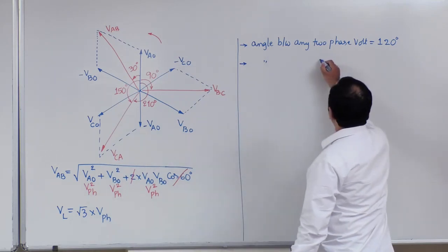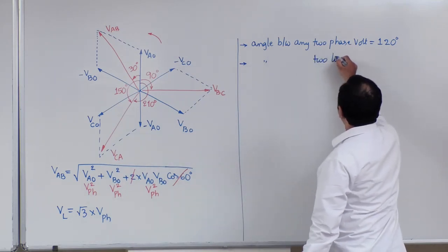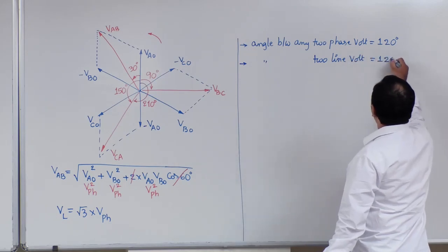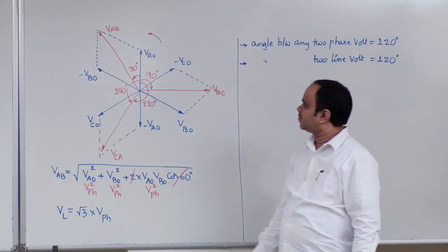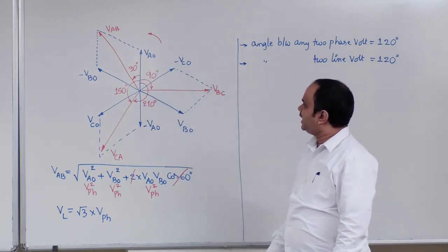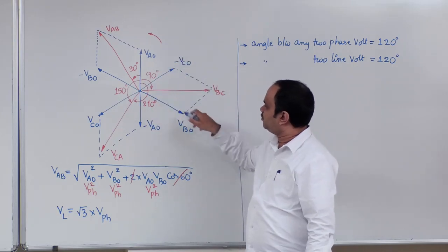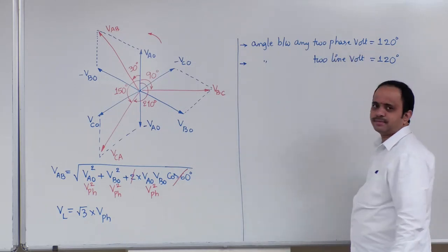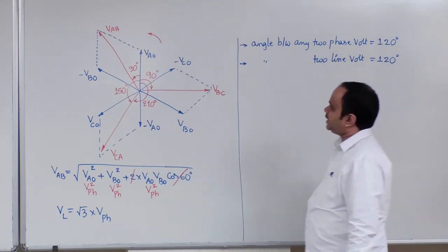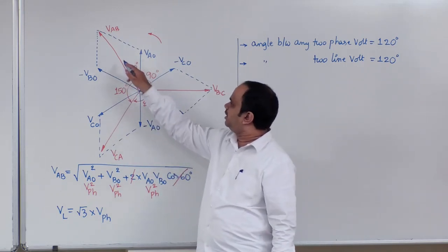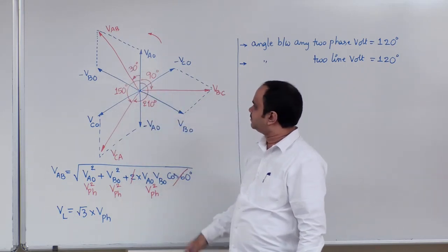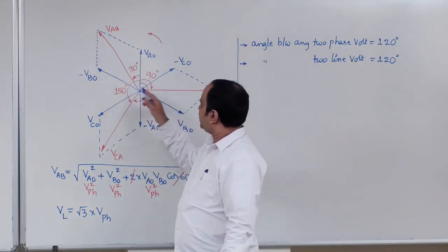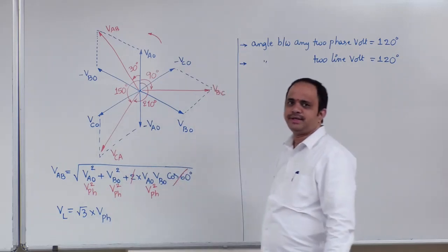Similarly, the angle between any two line voltages is also 120 degrees. If you see here, the angles between AO, BO and CO, those are the phase voltages, are 120 degrees. The angle between any two line voltages, AB and BC, is 120 degrees. BC and CA is also 120 degrees. AB and CA is also 120 degrees.